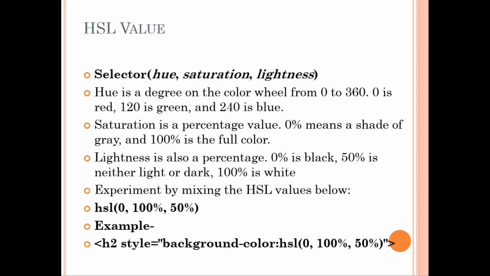Next is lightness. As you all know, 0% is black, 50% is neither light nor dark, and 100% is white. You can change this value and use HSL: the hue value, saturation value and lightness value.